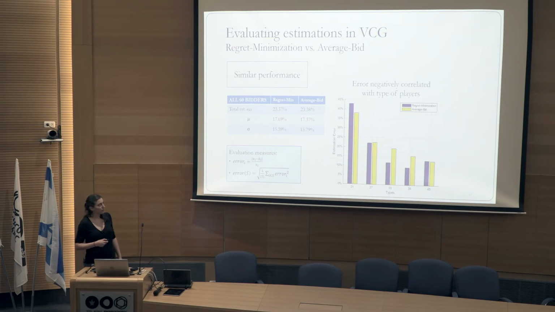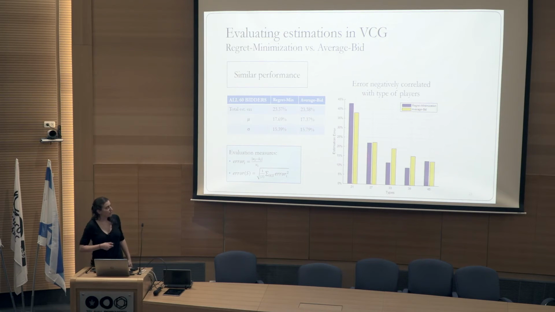Let's first look at the blue columns, which are the errors using the regret minimization. And the error is consistent with what we just saw in the regret levels. We see here that the regret minimization estimated the values better for the higher type players. We saw that they succeeded in minimizing their regrets, but it has very high error on the lower type players, who we found remained with high levels of regret.